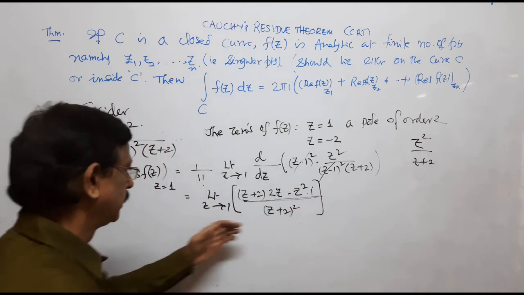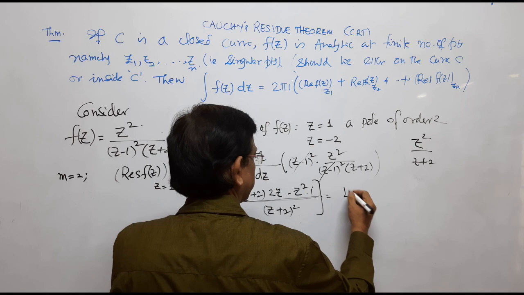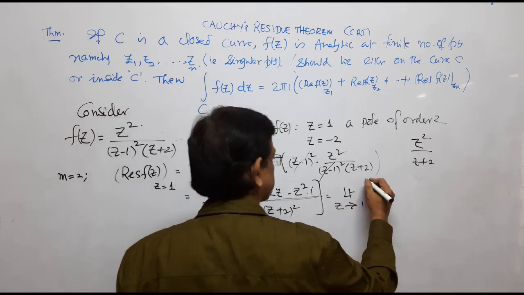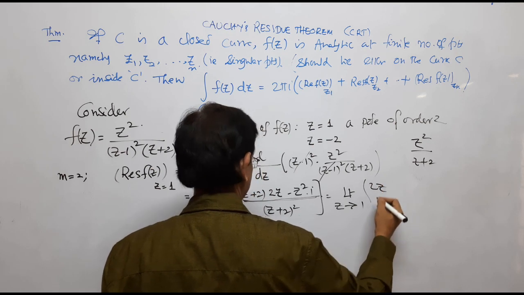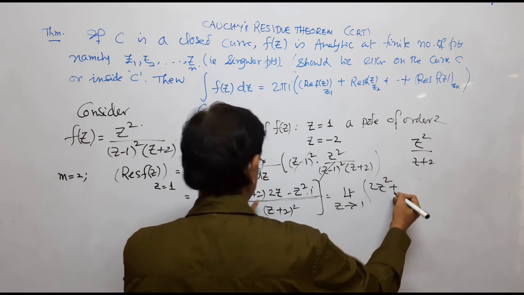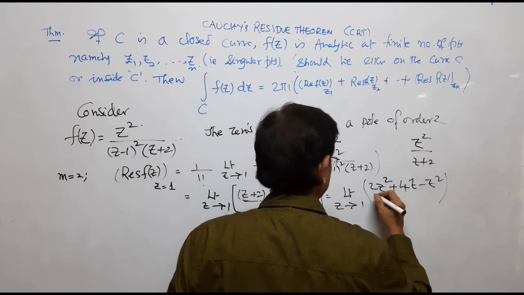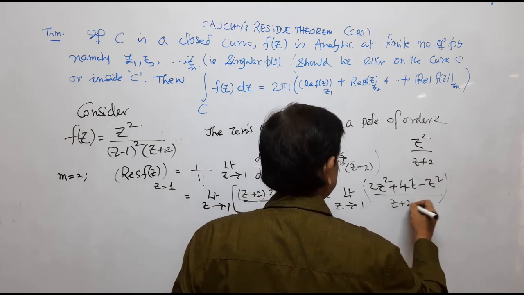It's fantastic. I have to simplify this with z tending to 1. So 2z square plus 4z minus z square by (z plus 2) whole square.